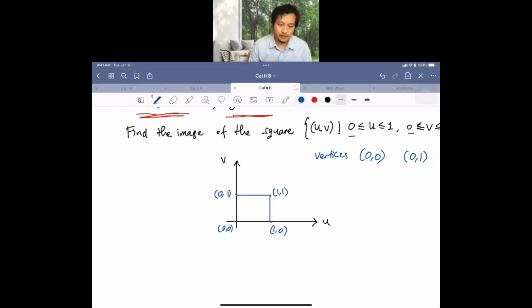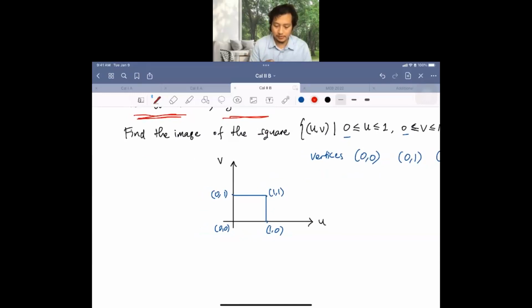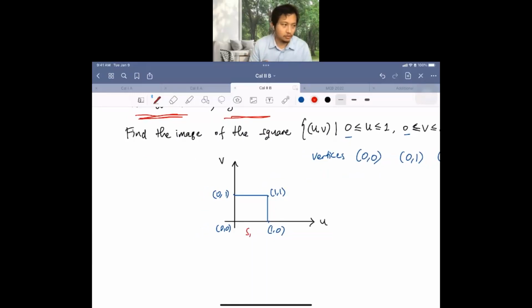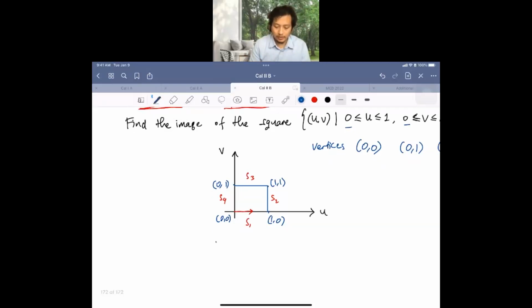Okay, let's name all the sides of this square: S1, S2, S3, and S4. Let's start. Imagine we are moving from the origin, and we move here. According to this image of the square, when we move, v is 0 and u goes from 0 to 1, right?